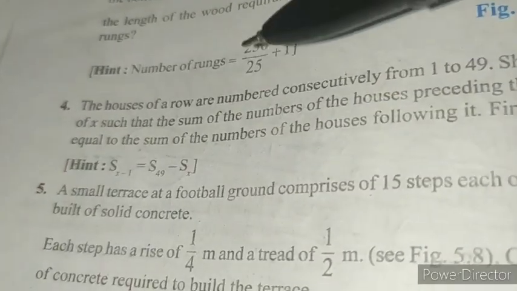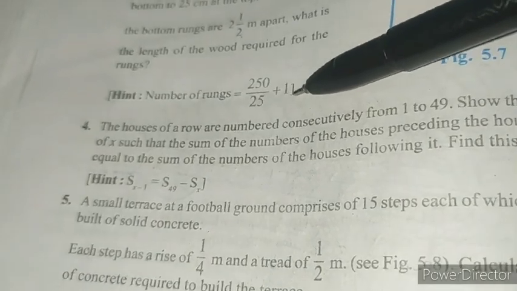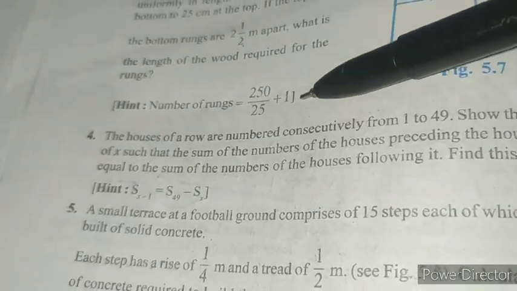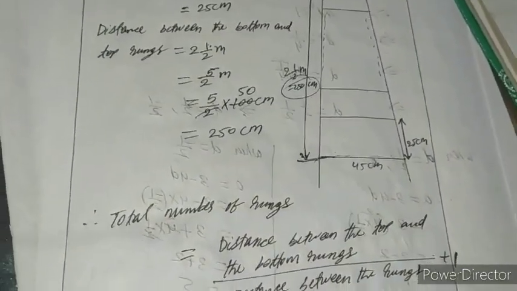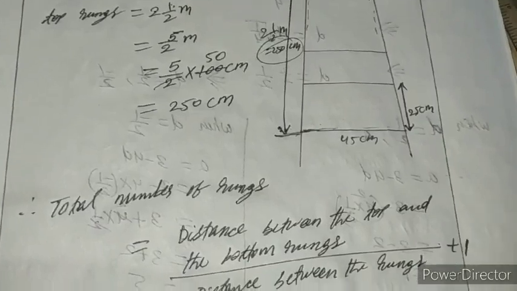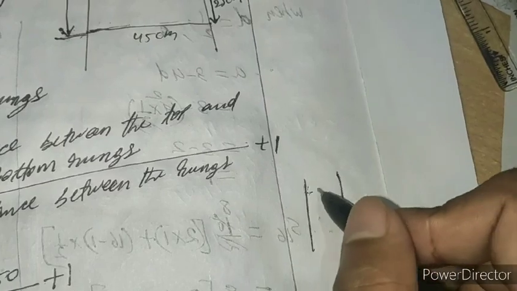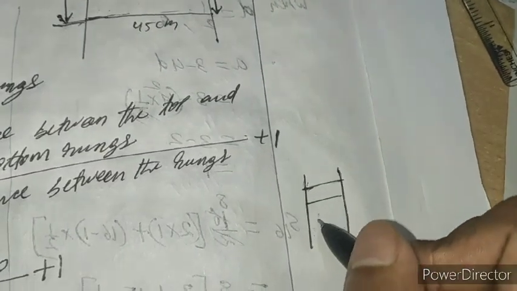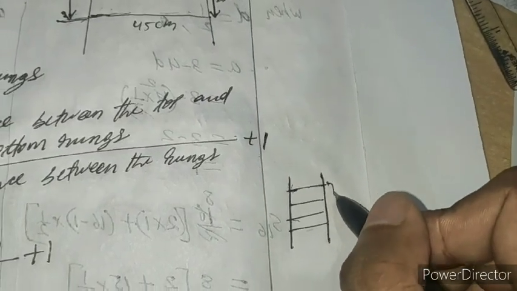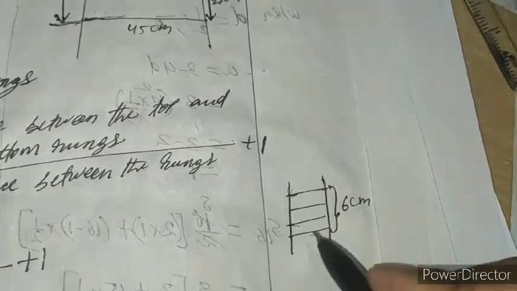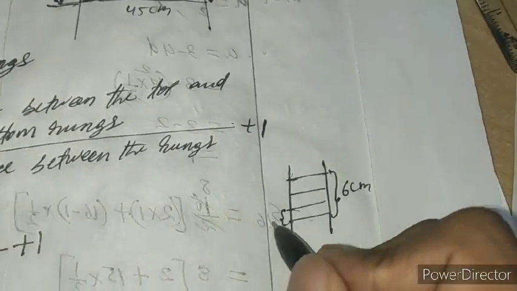So see students, here is the hint that was given. If you directly use it, you won't understand, so this is how you can find the number of rungs. Now see, why plus 1? For example, you have a ladder of 4 rungs, and the height between the top and the bottom rungs is 6 centimeter, and the distance between the rungs is 2 centimeter.